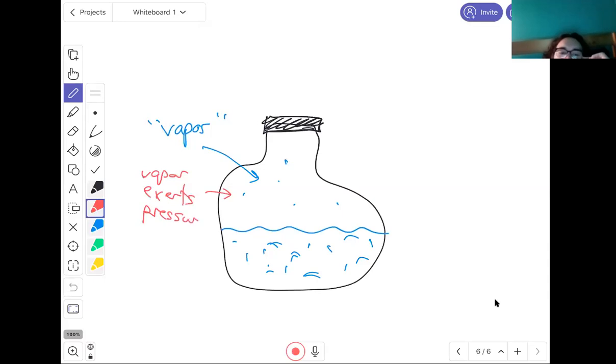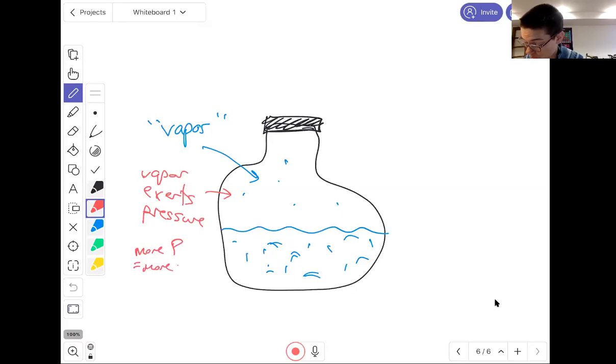Okay. So if I have more pressure, does that mean I have more vapor molecules or fewer vapor molecules? More. More pressure equals more vapor molecules. Okay. So if I have more vapor molecules up there, what does that mean for the attraction between the molecules?